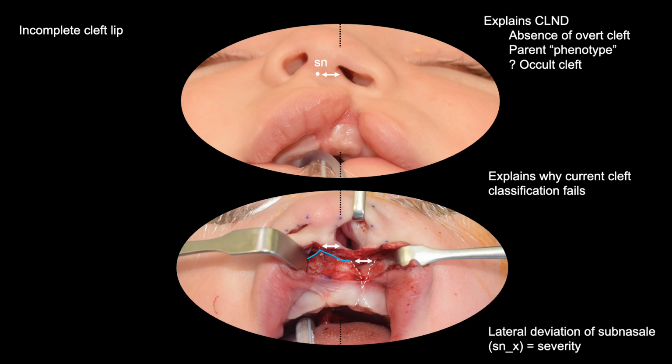It also explains why some of our current classifications of clefts fail, but it gives us a measure of severity potentially. The lateral deviation of subnasale, which we call SNX, may be a surrogate measure of the defect in mesenchyme that's under the surface and that we can't see.